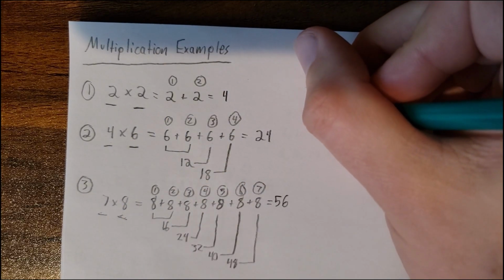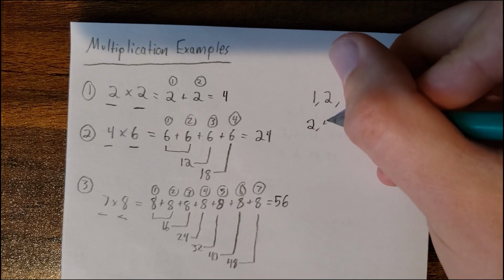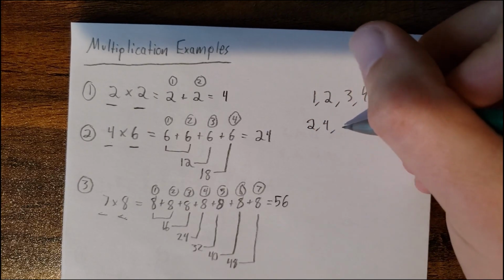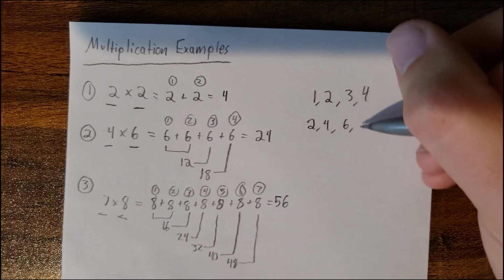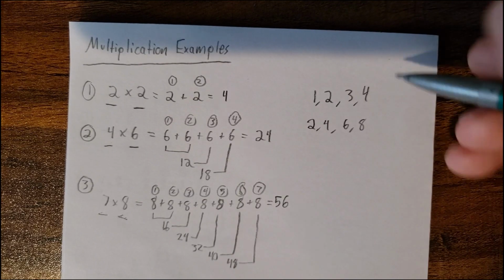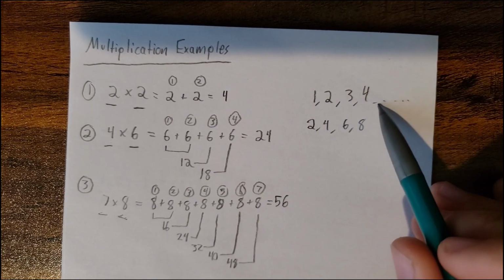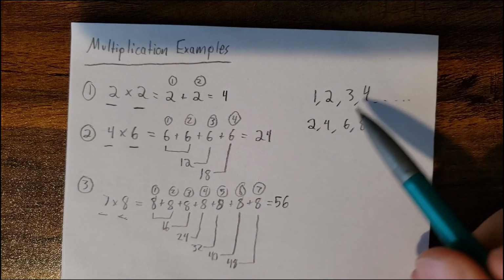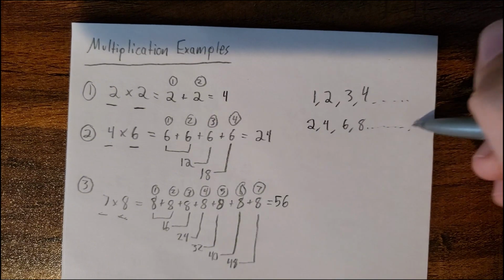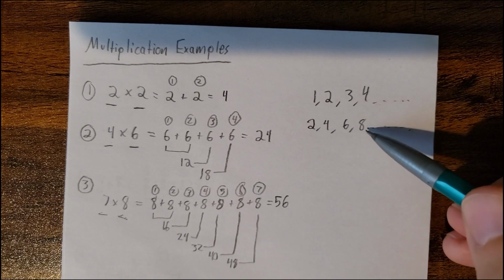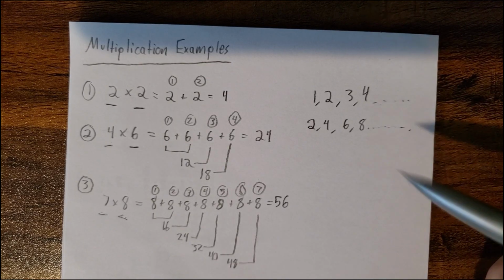You have your first 2, and then you add 2 to that, so that gives you 4. And then you add 2 again, and that gives you 6. And you add 2 again, and that gives you 8. Just like you can keep adding 1's to get 1, 2, 3, 4, 5, 6, 7, 8, 9, 10, you can keep adding 2's to get 2, 4, 6, 8, 10, 12, 14, 16, 18, 20.